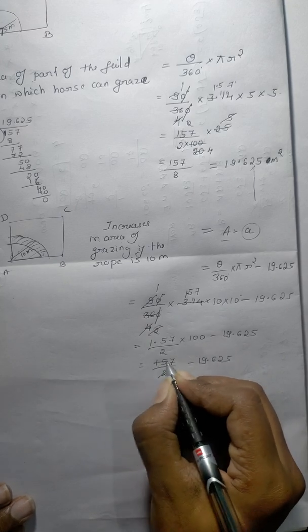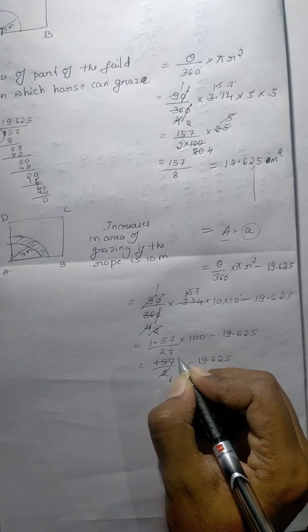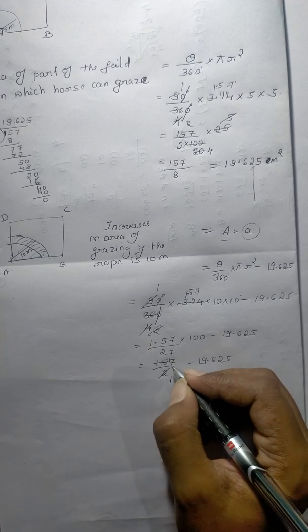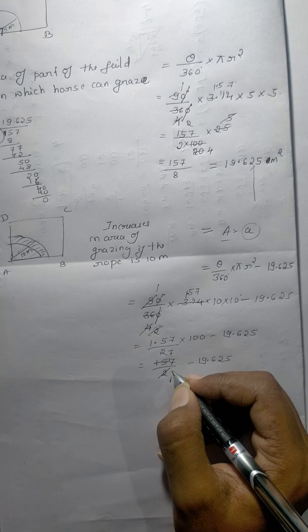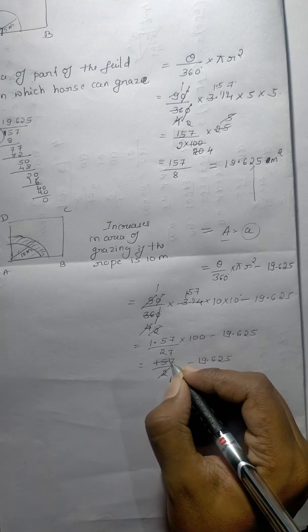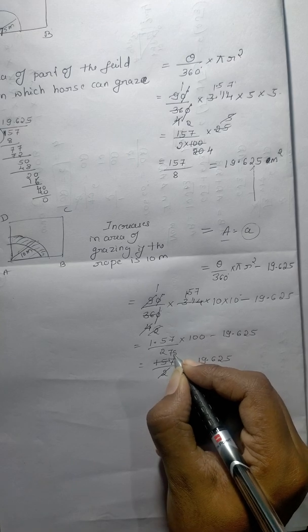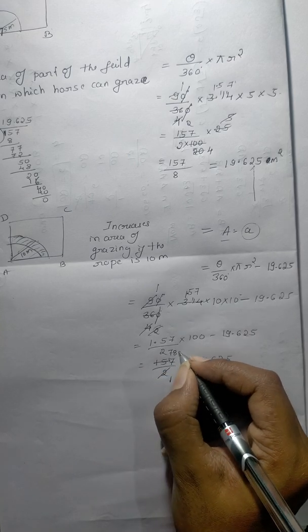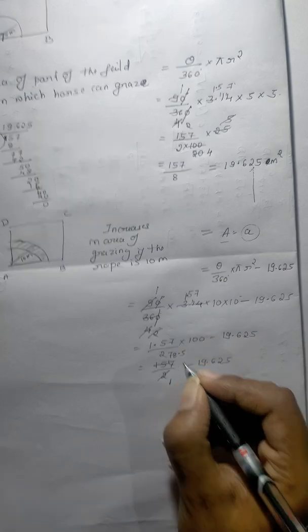2 7s are 14, 1 remains. 2 8s are 16, 1 remains. If you don't know, you can calculate separately. So 0.025, so 78.5.